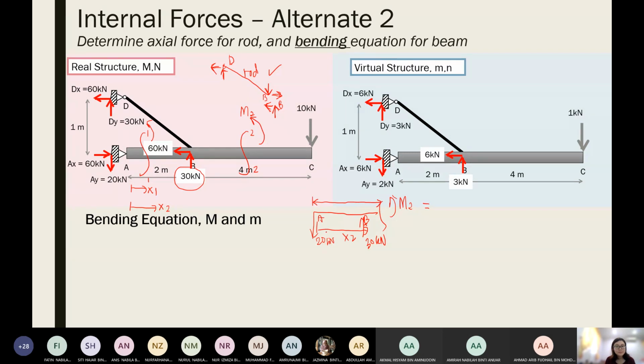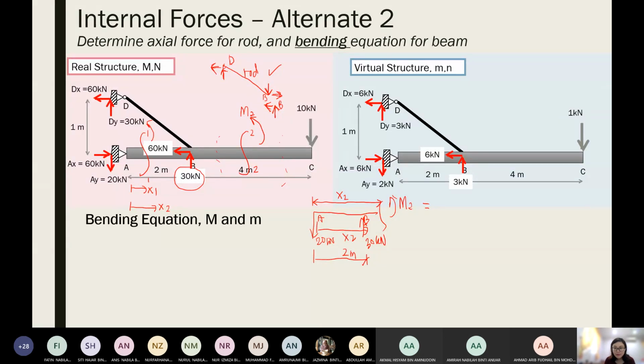It will be x2, because for this cut section we never know the location. It can be here, it can be here. So this x2 is actually the distance from A to the cut section. And A to B is 2 meters, right?